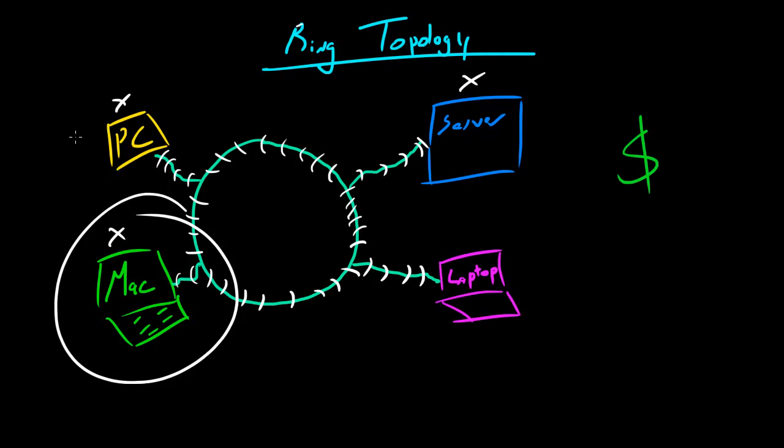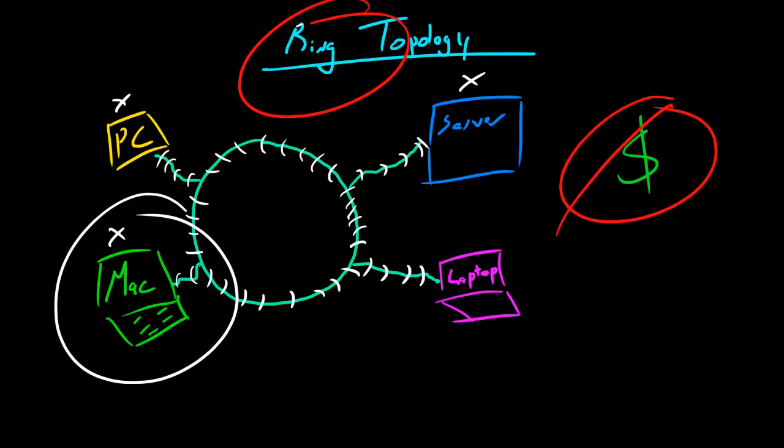So if you're choosing between a bus and a ring for your home network, if you're not worried about money, then I would go ahead and go with a ring topology. Or if you are worried about money, then you can go with a bus topology. But if you have a lot of volume, then I would definitely recommend getting a ring. In my next couple videos I'm going to be showing you guys the most common type of topology, and this is probably the one that you have in your home right now.